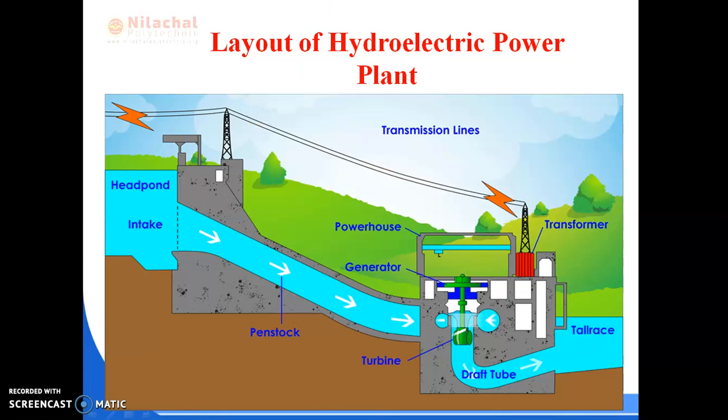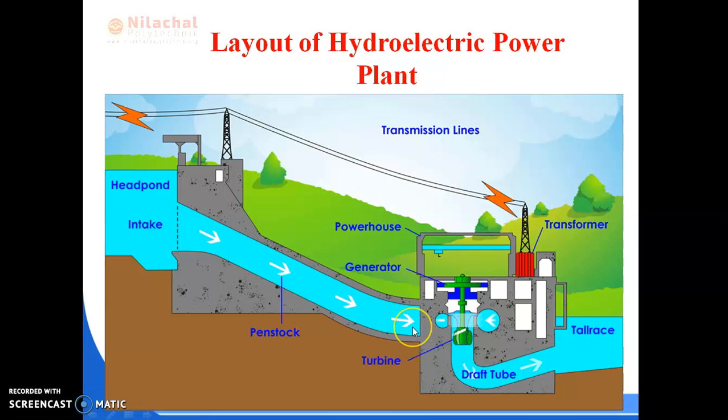Now, there is a pipe known as a penstock. The pipe is attached at one end to the dam and at the other end to the turbine unit. This arrow mark suggests that the liquid from the dam enters the penstock.